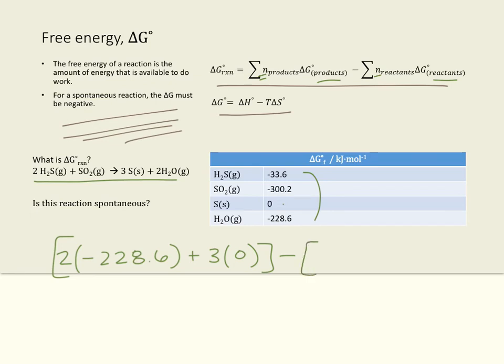So sulfur dioxide is negative 300.2. We've only got one of them, plus 2 H2S, and H2S is right here, so that's 2 times negative 33.6.